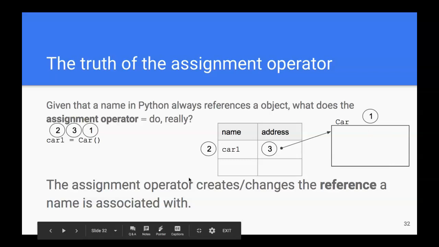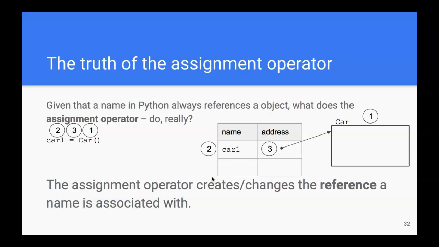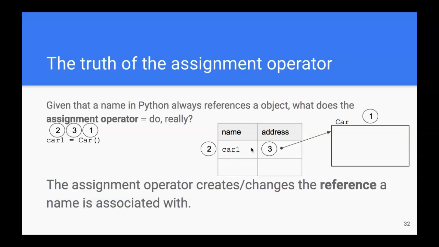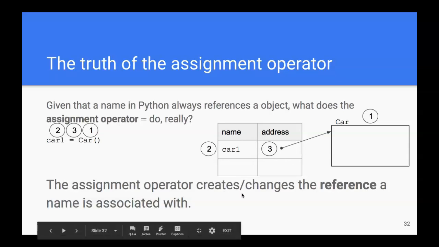The assignment operator creates a reference or changes the reference a name is associated with. An address is a reference, and a name is associated with the reference. The assignment operator either creates or changes that reference.